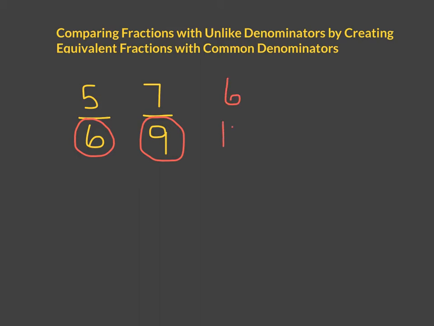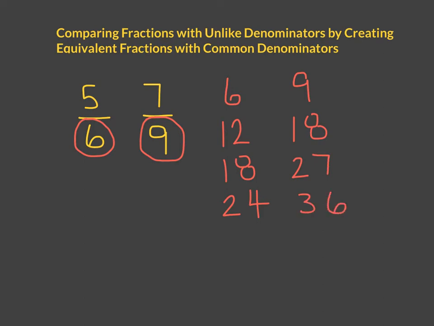6, 12, 18, 24. The multiples of 9 are 9, 18, 27, and 36. As we examine the multiples for both 6 and 9, let's look for the lowest number that appears on each list.